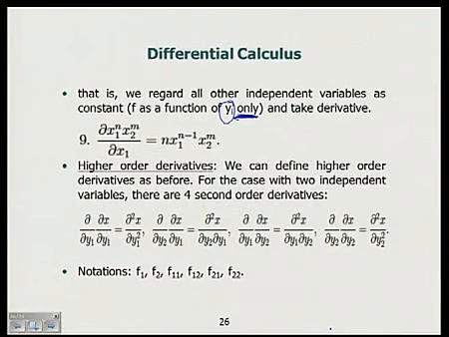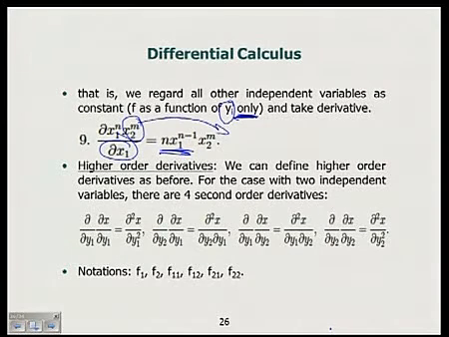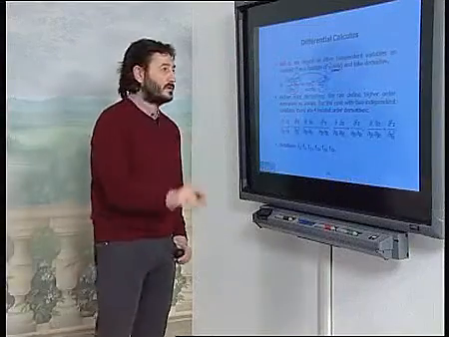For example, if I want to compute the partial derivative of x1 to the n times x2 to the m with respect to the first variable, using the basic derivative rule I can easily calculate n times x1 to the n minus 1, and x2, the second variable, remains the same, untouched.